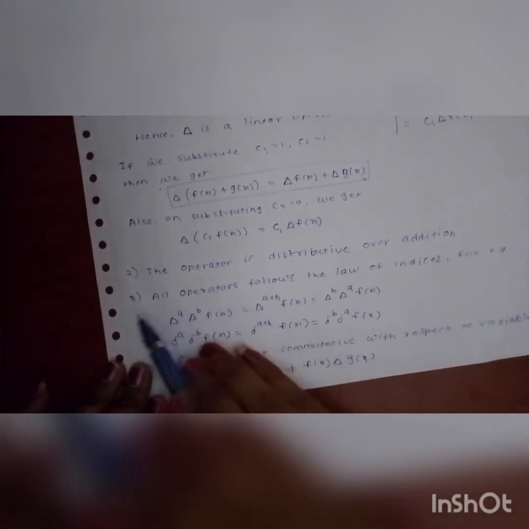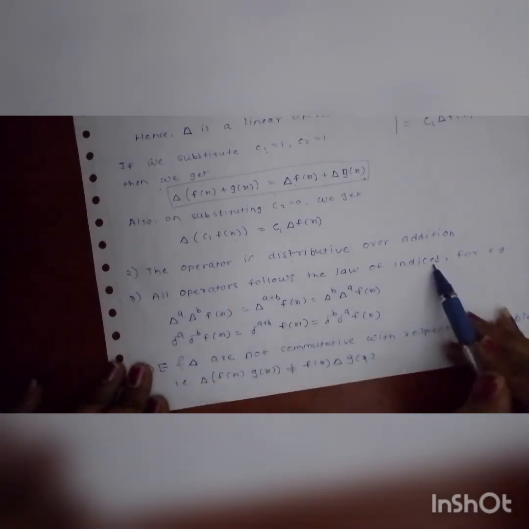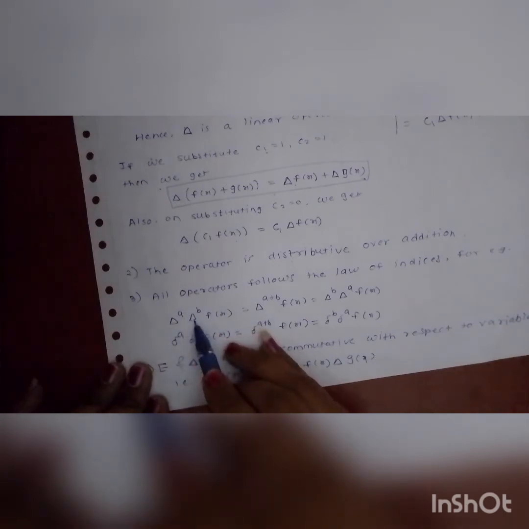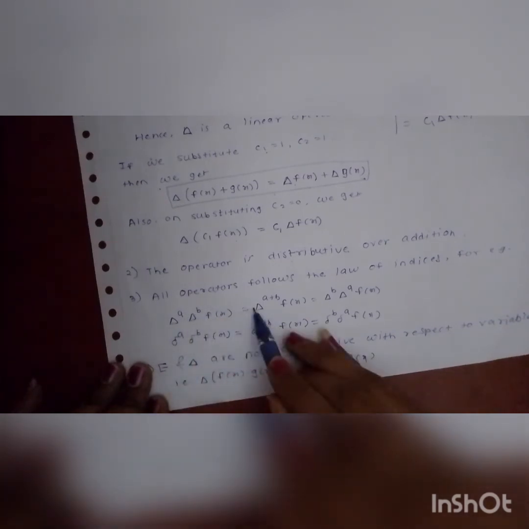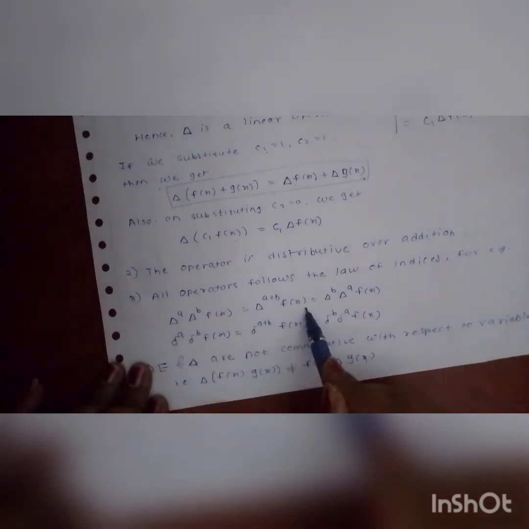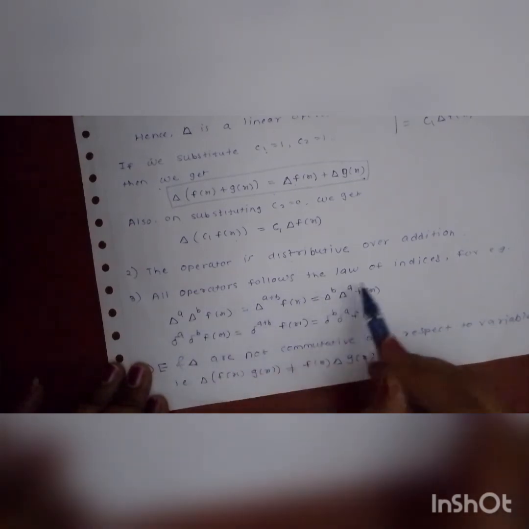The third property is that all operators follow the law of indices. For example, delta raised to a, delta raised to b, f of x is delta raised to a plus b f of x, which again equals delta raised to b, delta raised to a f of x.